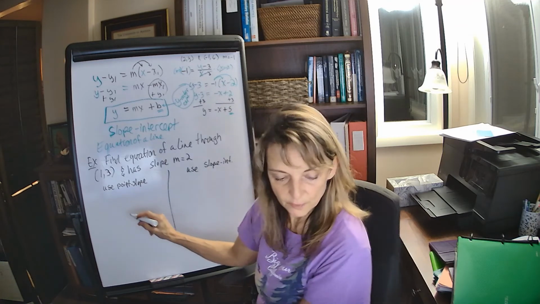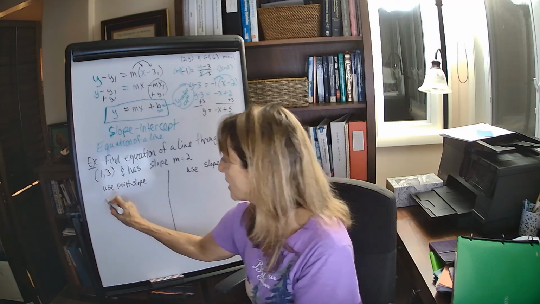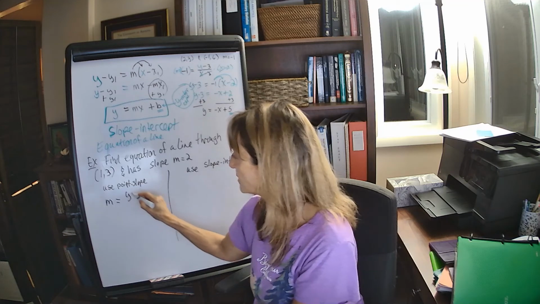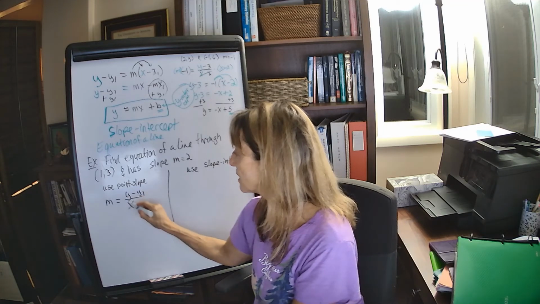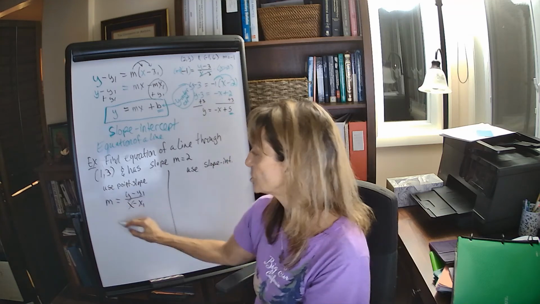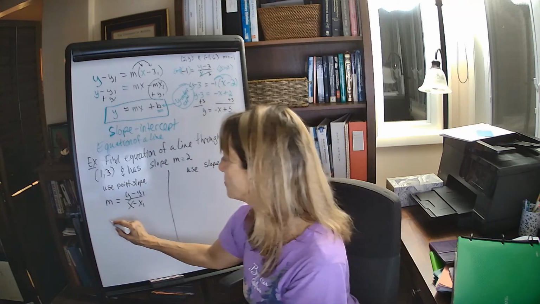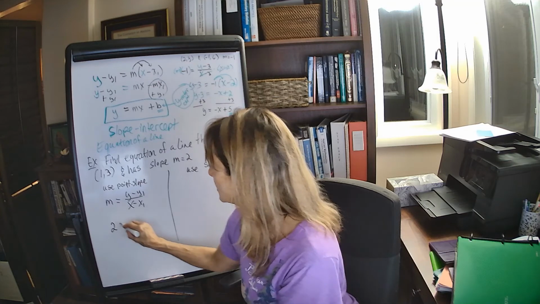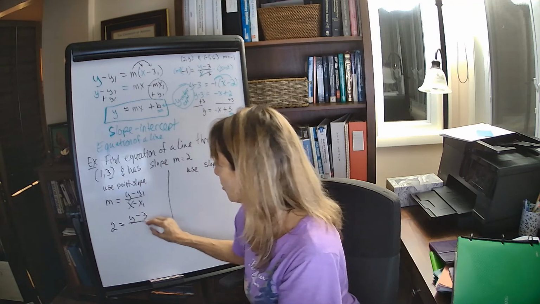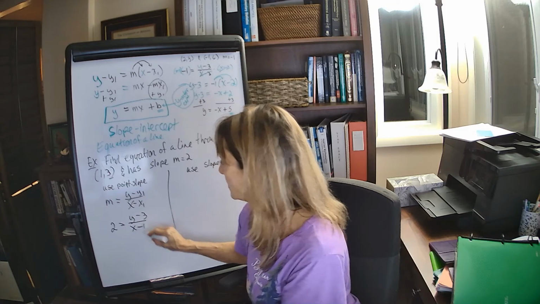So using the point-slope equation of a line, we use that m is going to equal y minus y1 over x minus x1. And then we're just going to put in everything we know. So we know that 2 is equal to y minus the 3 over x minus the 1.